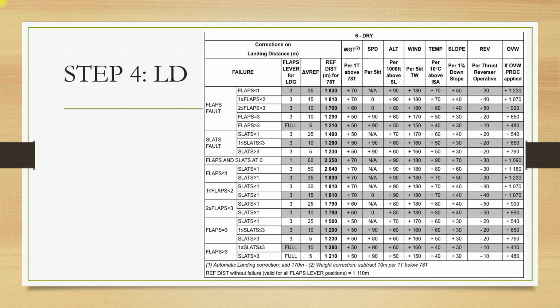Then step 4 is calculation of landing distance itself, for which we'll go to the slats flaps failure table, and for our particular failure of slats less than 1, we'll start applying the corrections to the reference distance, which is 1490. So the reference distance is 1490 meters, and we'll start applying the correction from left to right. So the first correction is the weight correction.